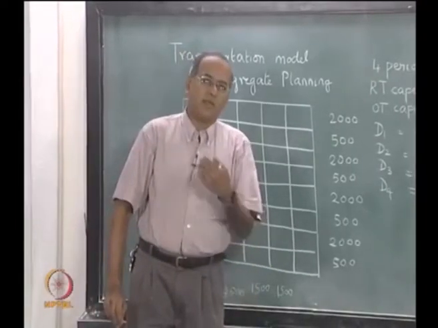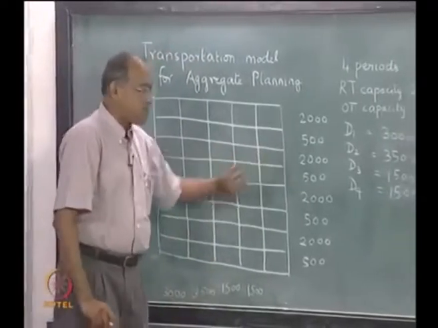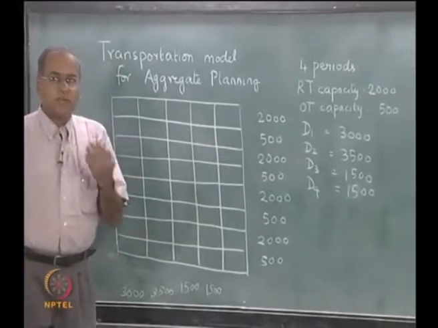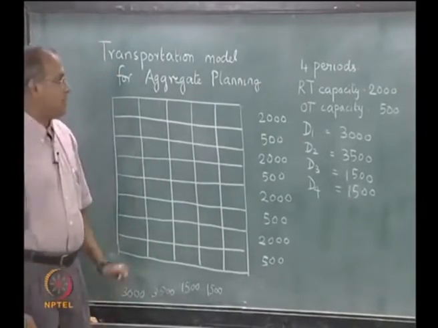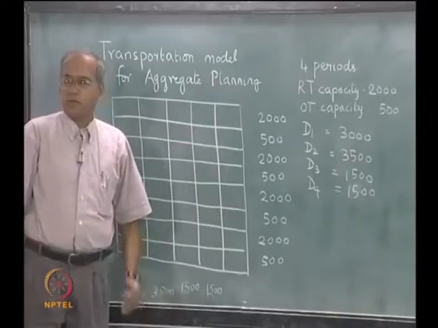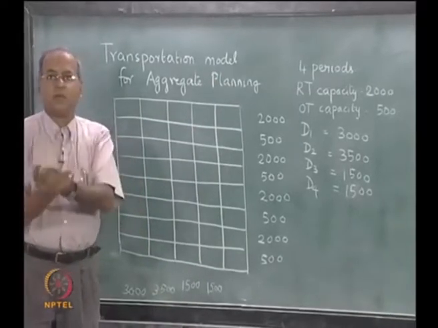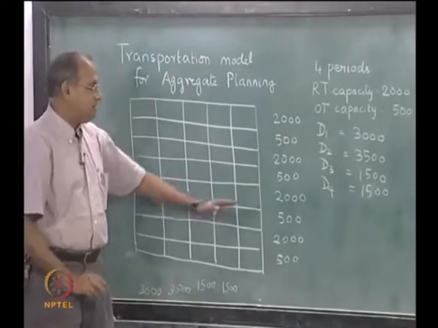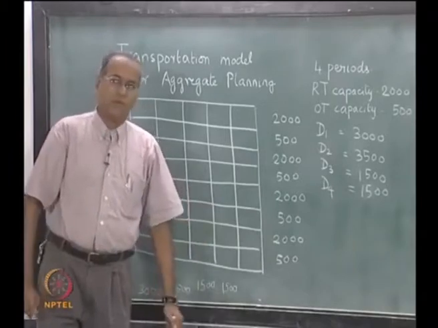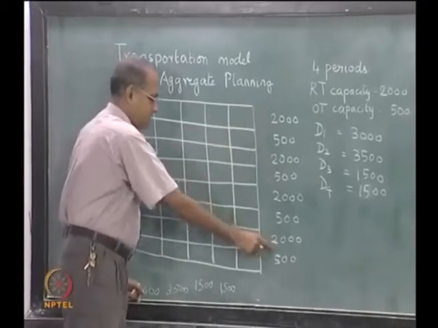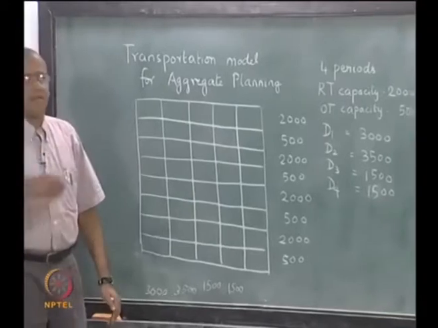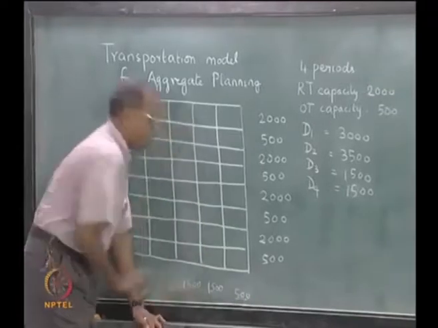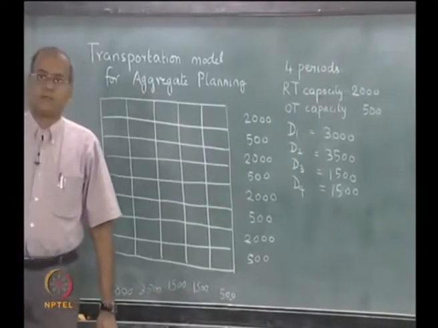It is customary in transportation problems to balance it, and in the event where the total supply exceeds the total demand, we create a dummy demand column so that the total supply becomes equal to the total demand. In situations where the total demand is higher, we would create a dummy supply row. So in this case the total supply is higher than the total demand, so we create a dummy demand of 500, so that we have a balanced transportation problem.